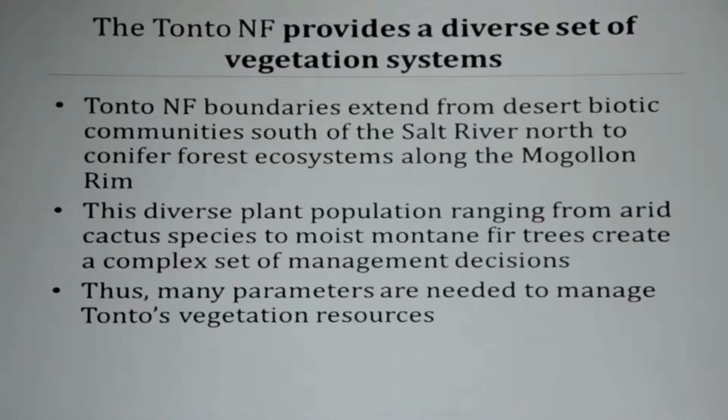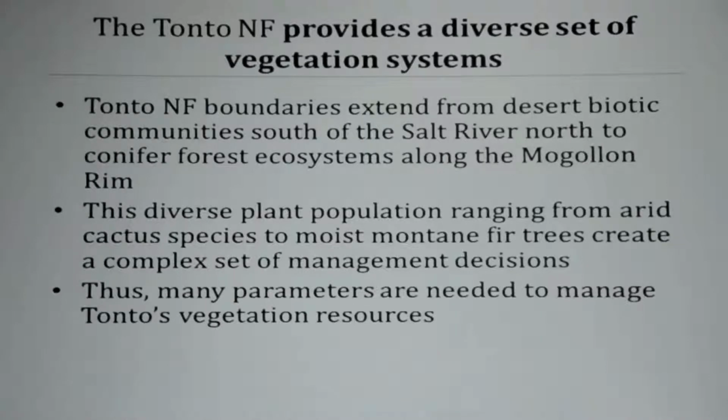Tonto vegetation borders extend from south of the Salt River, desert community, all the way north to the Mogollon Rim into conifer country, moist conifer country, a change of several thousand feet.